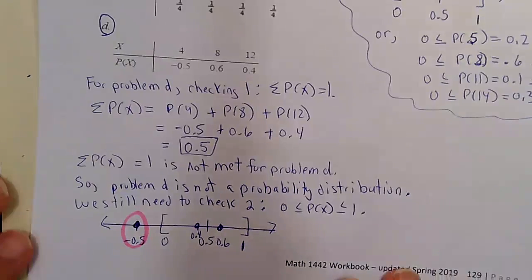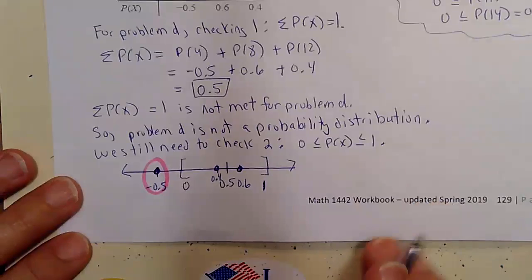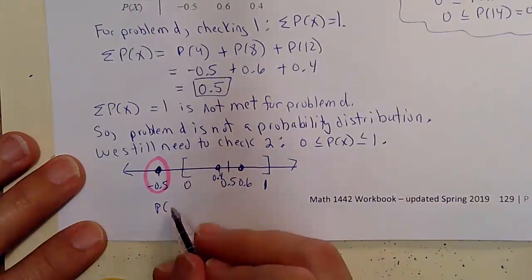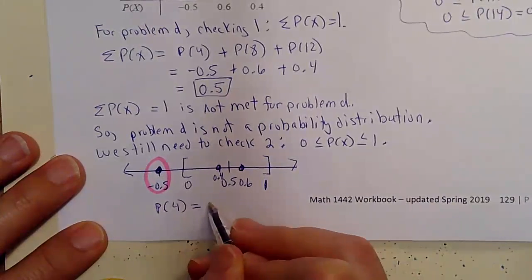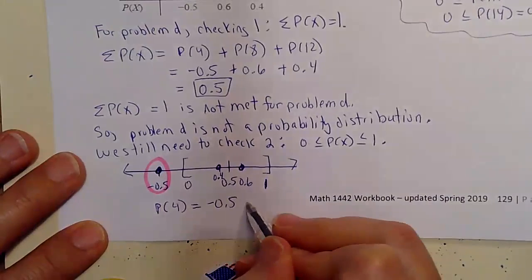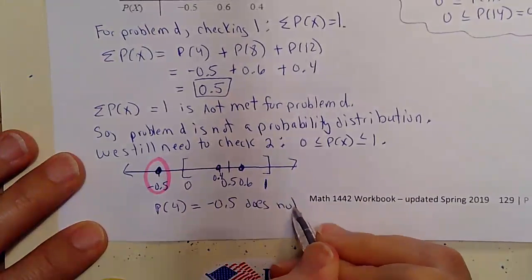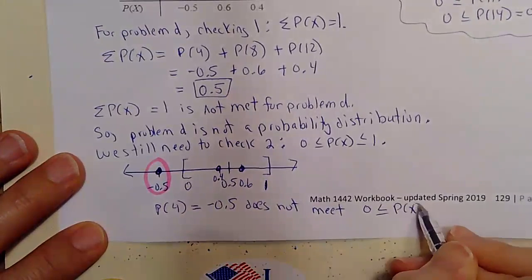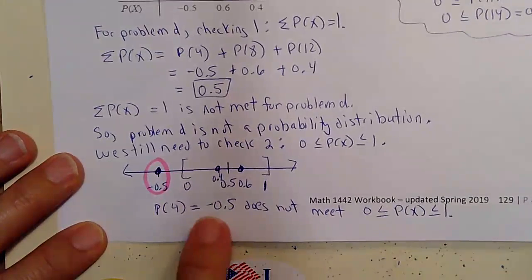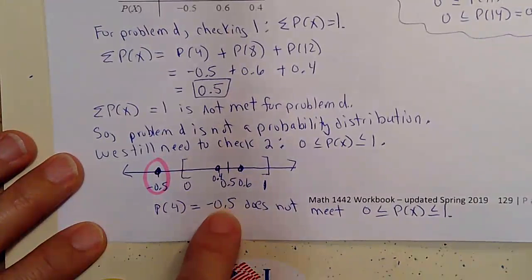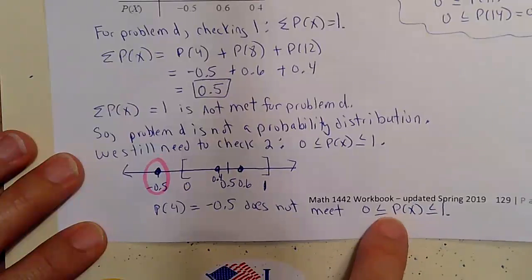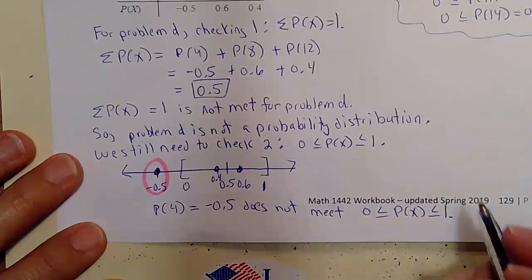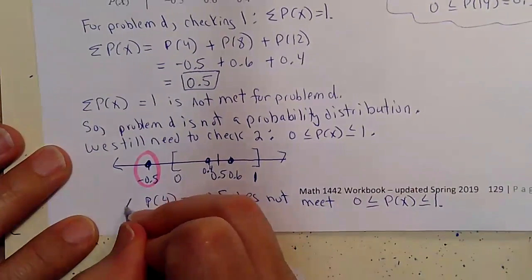So you need to say that, what was it? That represents which one? P of 4? P of 4, which is equal to negative 0.5, does not meet this. Okay, so this one's a problem. The one with the negative does not meet this. Okay. But the other two are okay. So this one you put like an X on that.